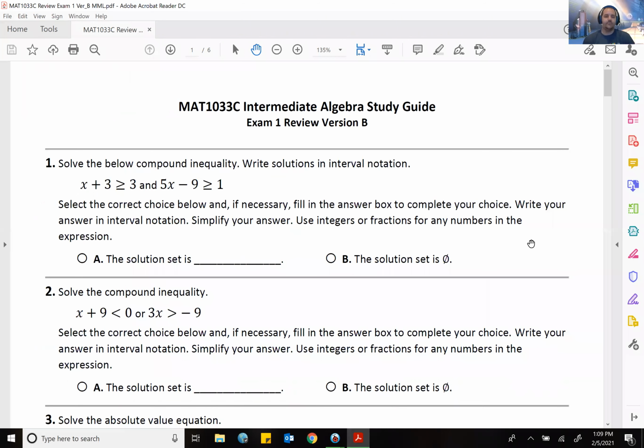So the first thing you're going to see in the review, questions 1 and 2 are all coming from compound inequalities, so our sections on compound inequalities. And if you look at the first one, what kind of compound inequality do we have?